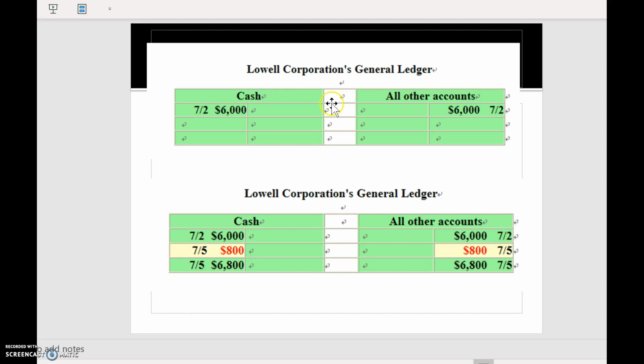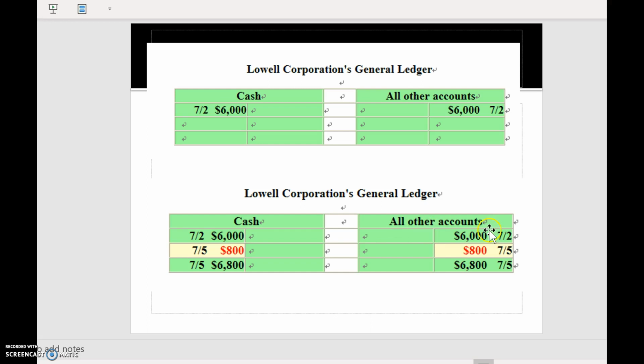So when Lowell Company recorded this transaction, Lowell Company would show the beginning balance of $6,000 cash. It would debit cash, right? Because it's receiving money from the customer. So debit cash, credit revenue, whatever that revenue is.